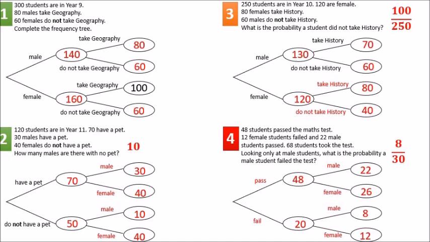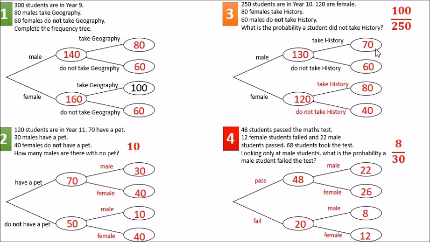Alright, and then out of those, we can split those into takes history or does not take history. 80 females take history, so out of the females, 80 of them take history, which means 40 do not, because they add up to 120. If 60 males do not take history, so 130 males, 60 do not take history, that leaves us with 70 that do.